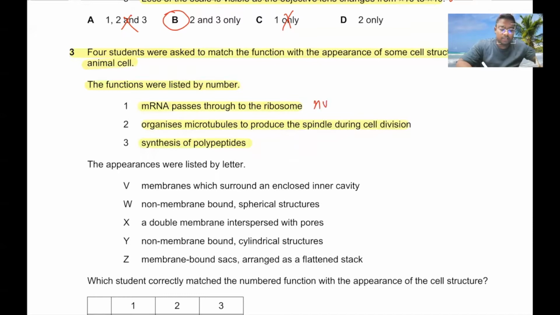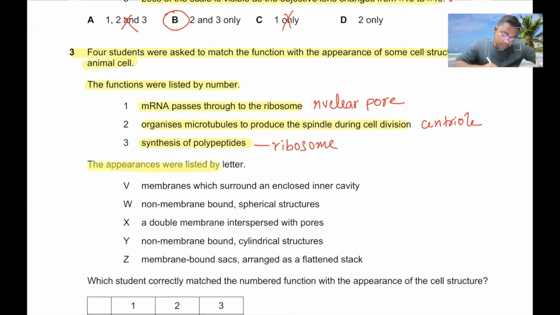That's basically nuclear pores. Organizes microtubules to produce the spindle during cell division. This is centriole. Synthesis of polypeptides. This is ribosome.